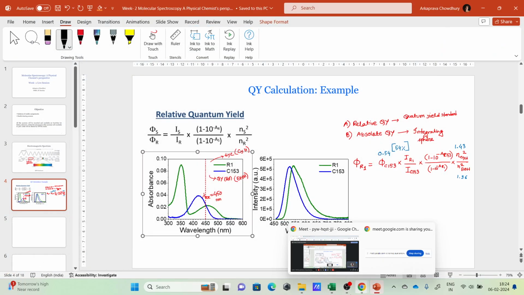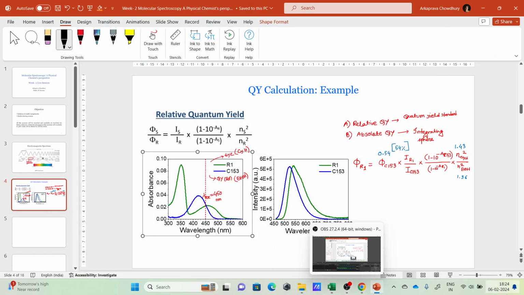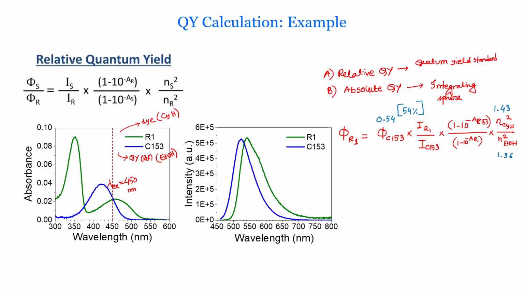We'll go back to our presentation file and we'll write the values here. So use a blue pen, right? Blue color. So C153 was 0.024, and absorbance at lambda excitation equal to 450 nanometer.